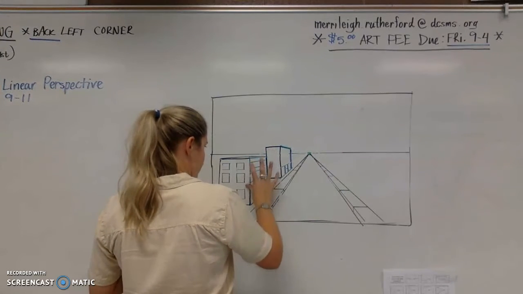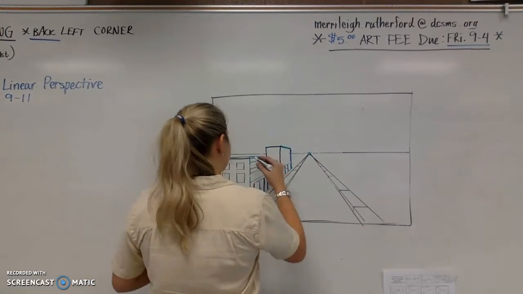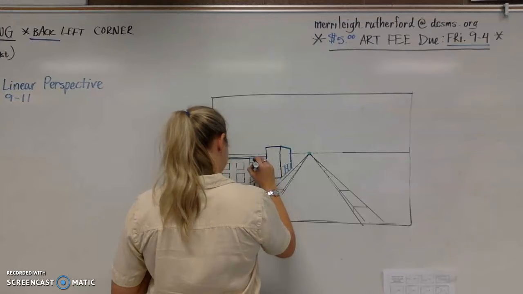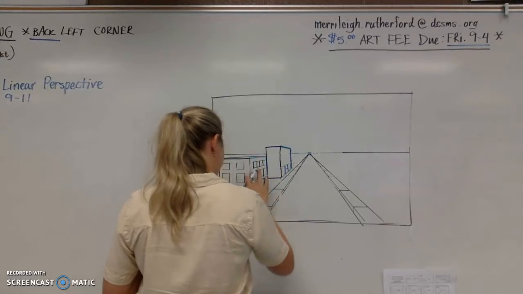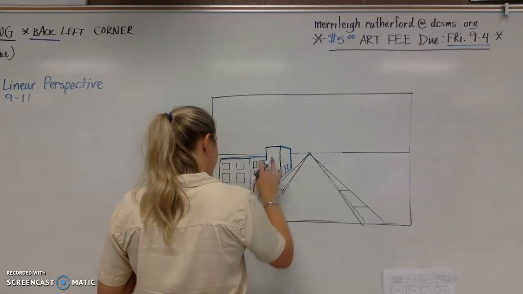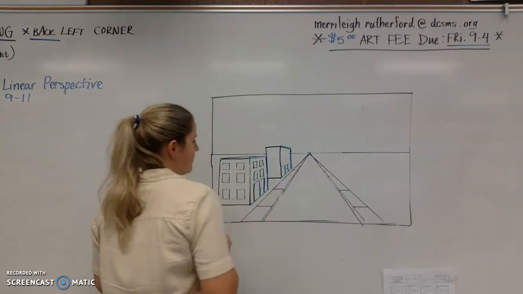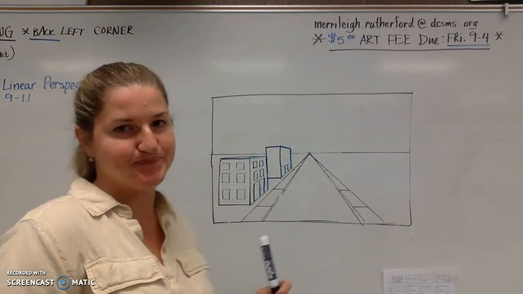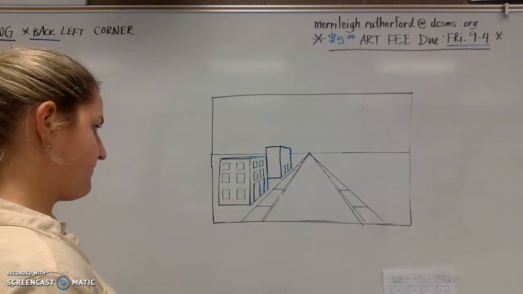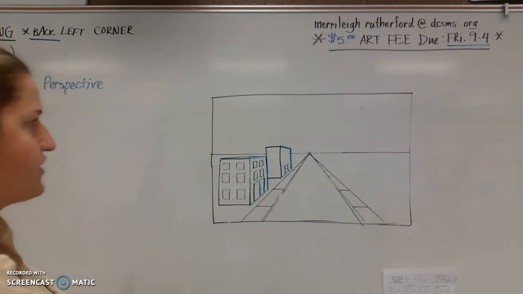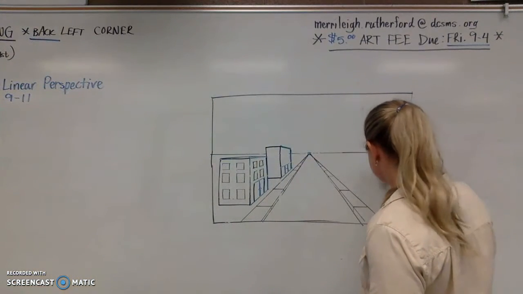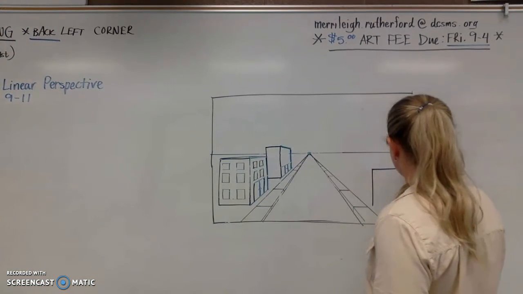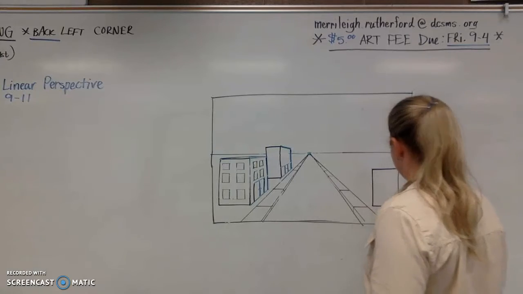So I have windows, vertical, vertical. Boom. House with windows. This isn't on your sheet, but we'll do it on the other side. Let's see how I do it. All right. True shape.